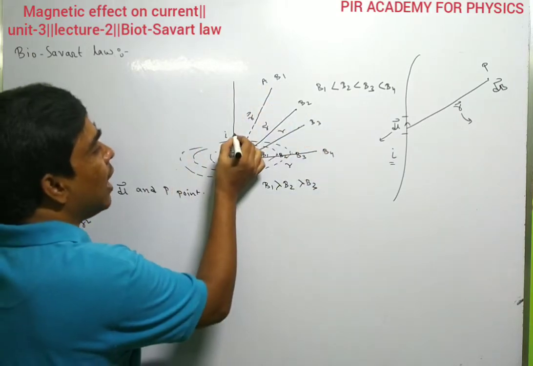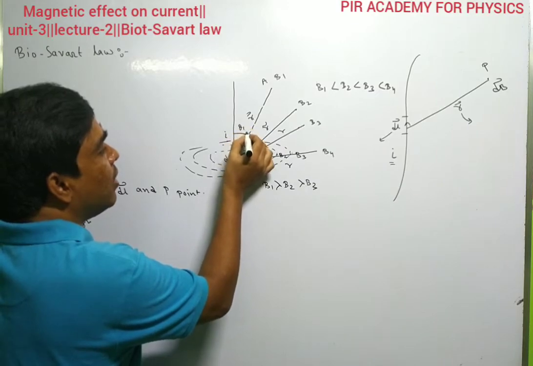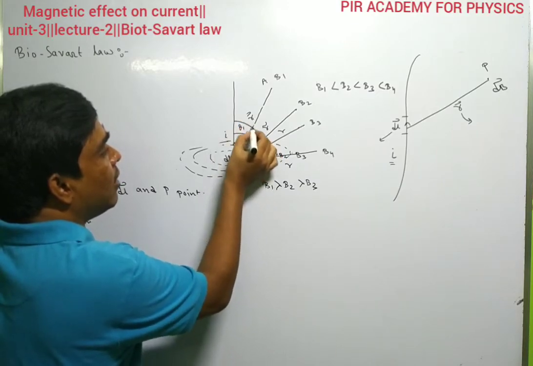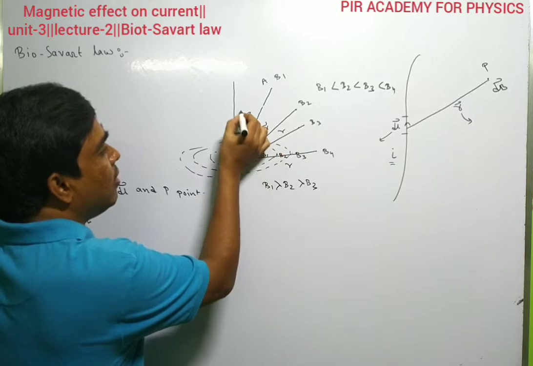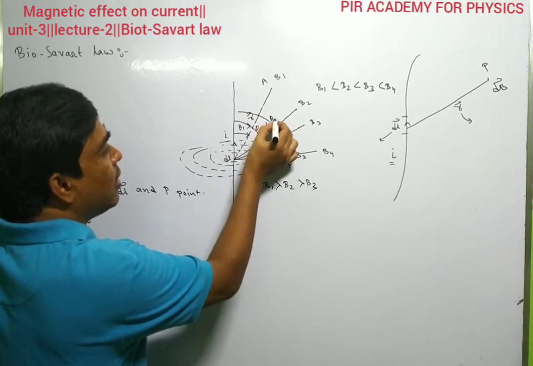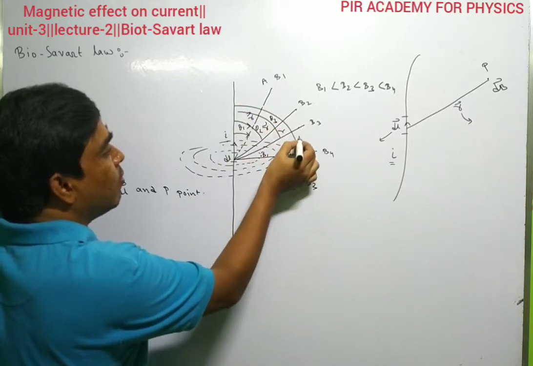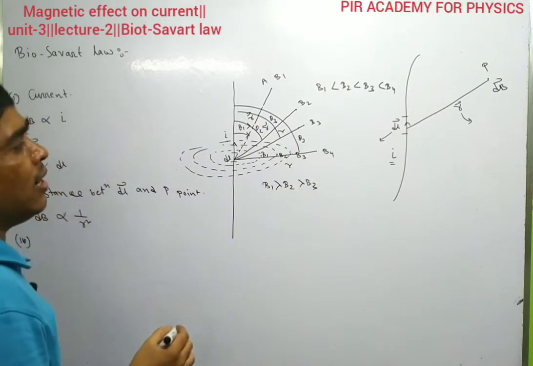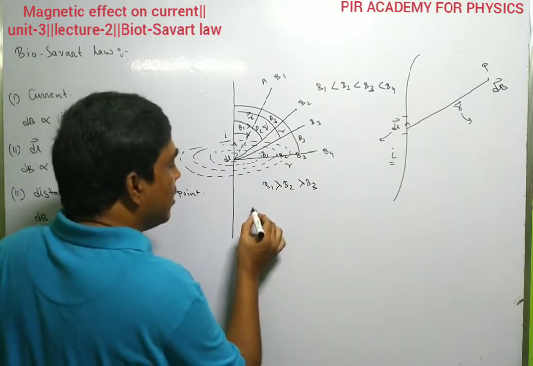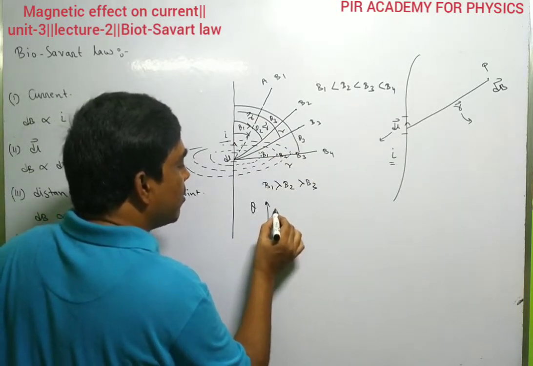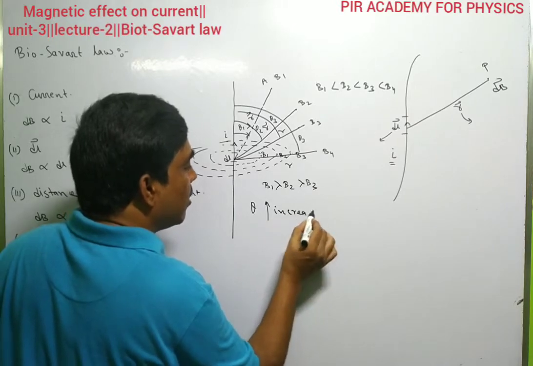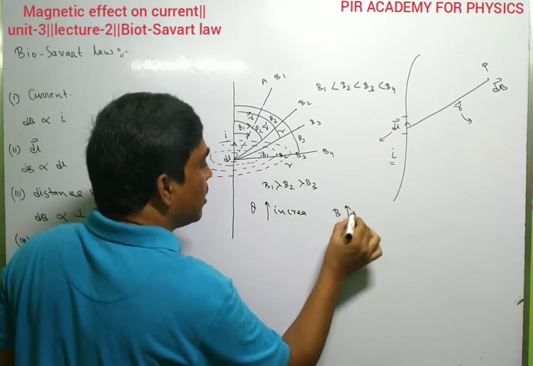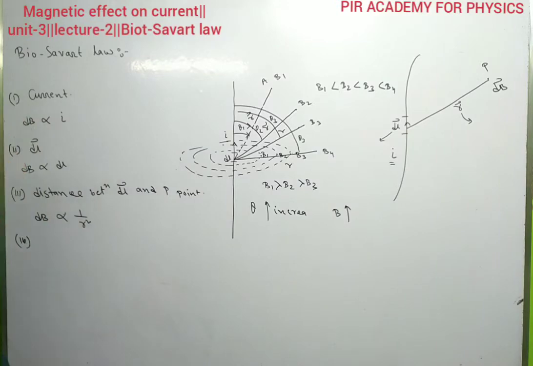Suppose this is angle theta 1, theta 2, theta 3 and theta 4. When theta increases, the magnetic field increases.